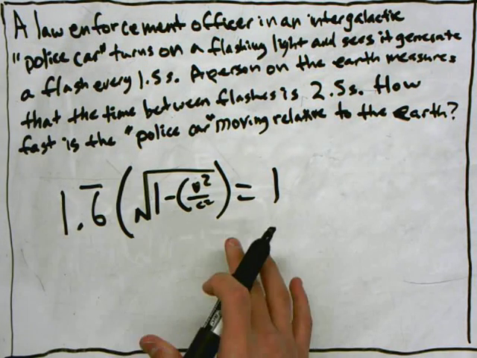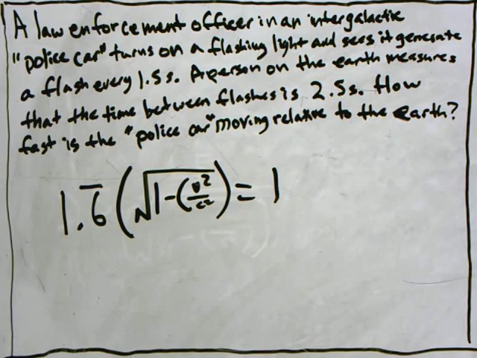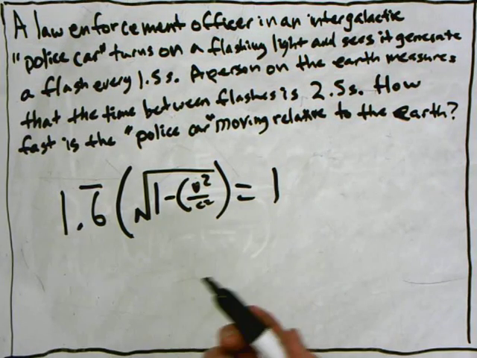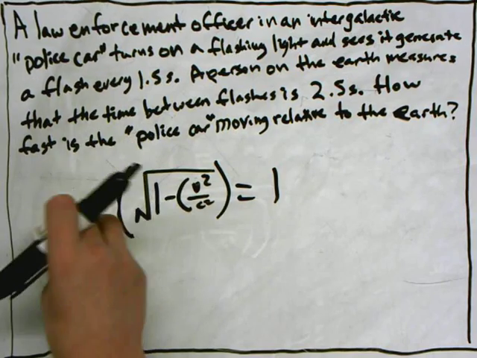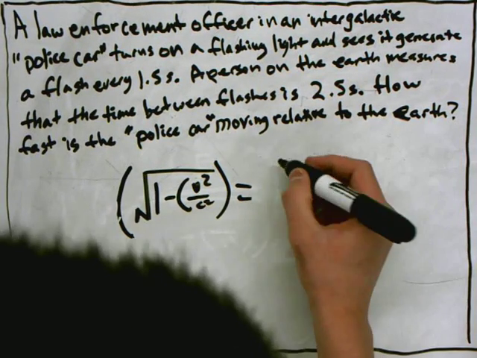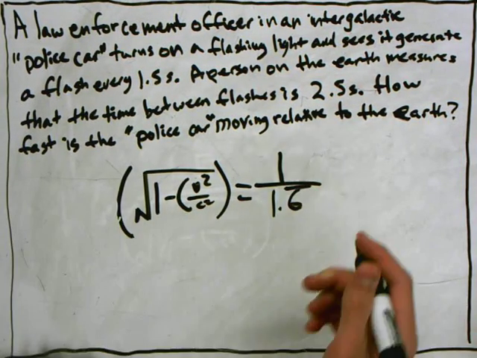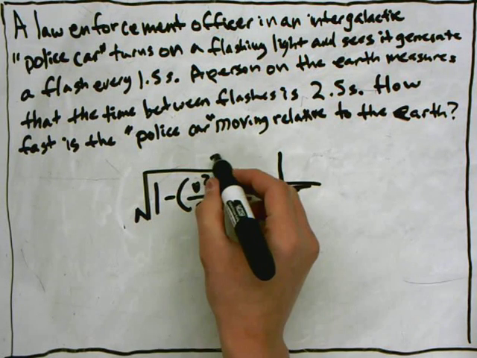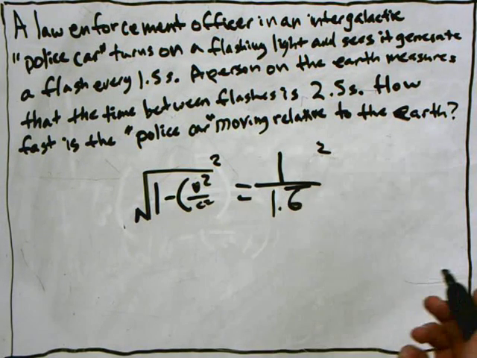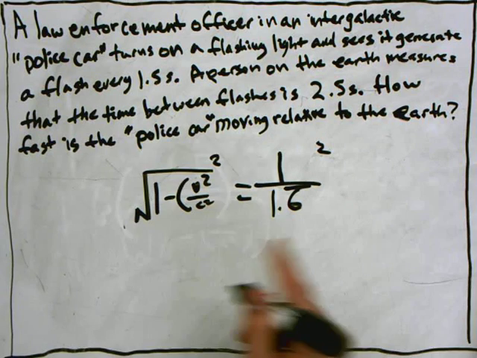Then we square both sides. So we get 1 minus v squared over c squared equals 1 squared over 1.6 squared.